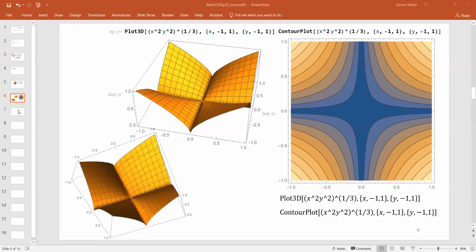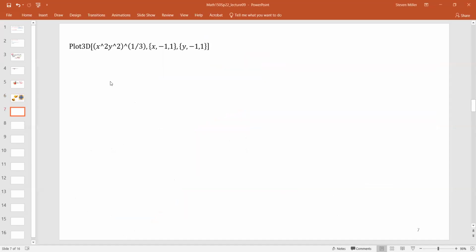So what we want to do is try to understand how we take derivatives of stuff like this. So let's review Calc 1. We need the definition of the derivative at, say, x equals a.